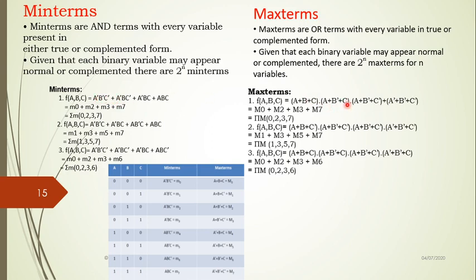But for each term, individual literals either in original form or in complemented form will be present. Again, one more difference between min terms and max terms is there. For the representation of min terms, summation will be used, while for max terms, the pi sign will be used. Again, for min terms, small m will be used for indication. For max terms, capital M will be used.